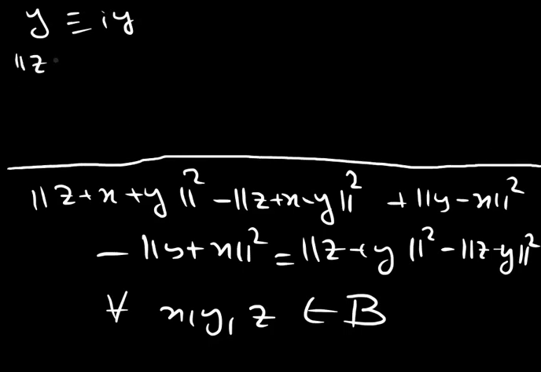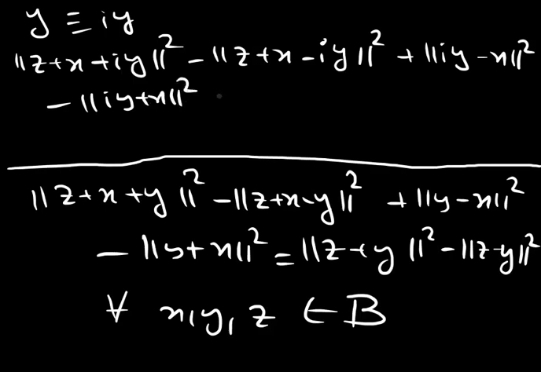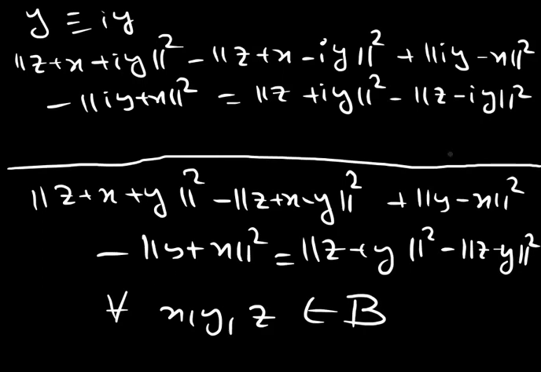Norm of z plus x plus iy whole square minus norm of z plus x minus iy whole square plus norm of iy minus x whole square minus norm of iy plus x whole square. This is equal to norm of z plus iy whole square minus norm of z minus iy whole square. So this is also true for all x, y, z belonging to the complex Banach space B.